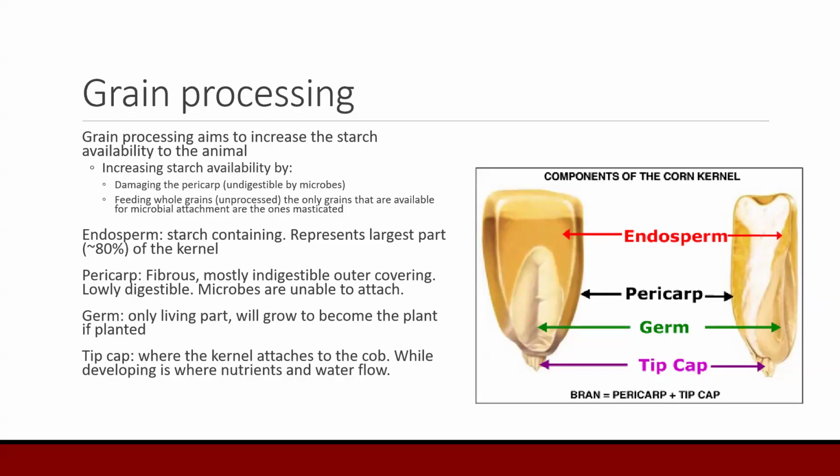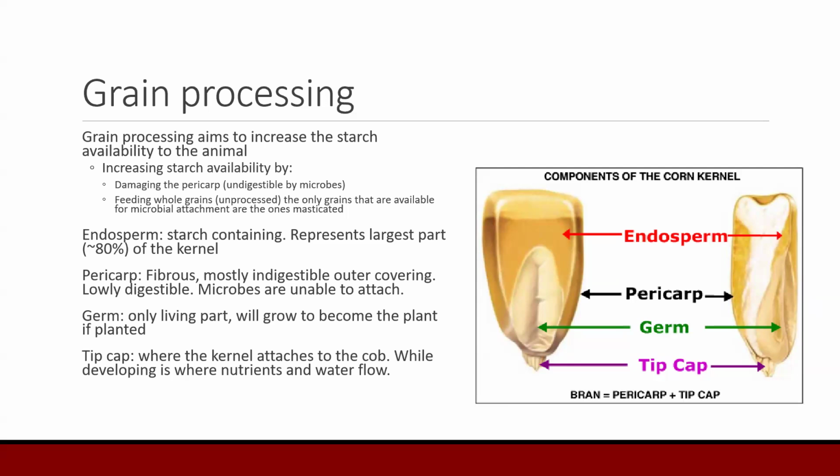So the endosperm, starch containing, represents about 80% of the kernel. Pericarp, fibrous, mostly indigestible. It's the outer covering, the kind of defensive layer that the corn produces to protect the germ. The germ is really the only living part of the plant.